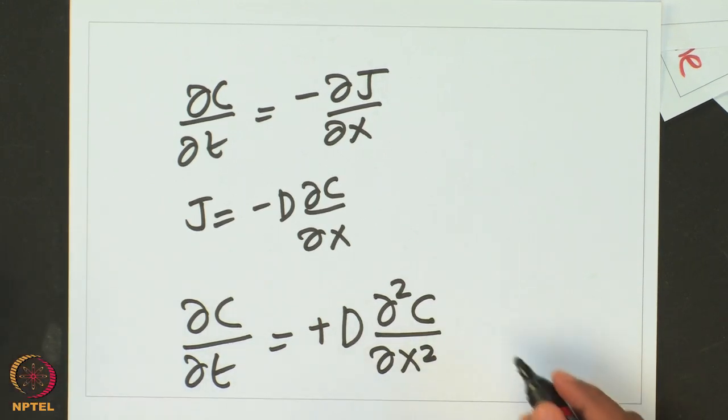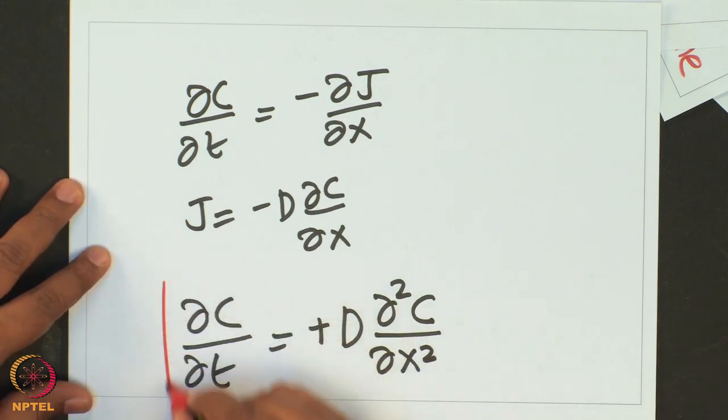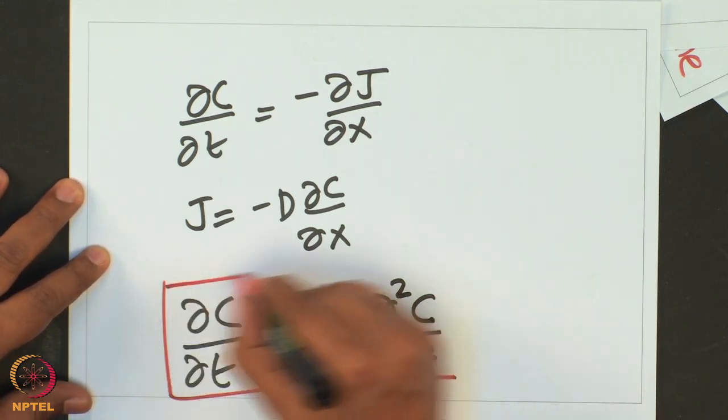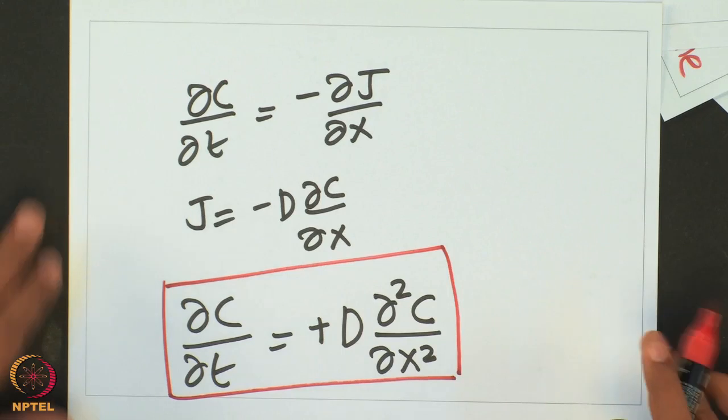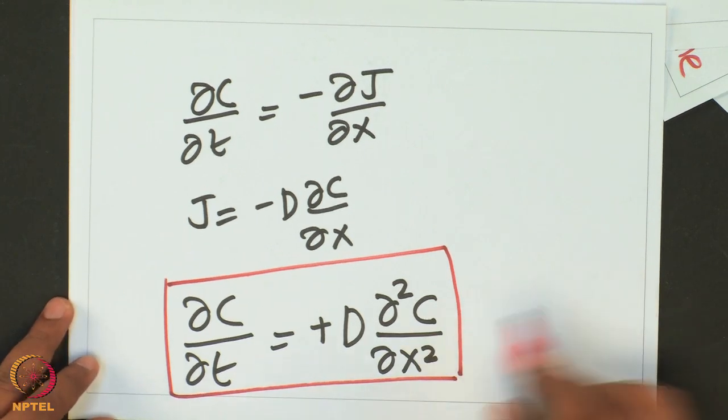So this is the equation we will get, and this is another form of the diffusion equation. ∂C/∂t is equal to D ∂²C/∂x². So this is the form of the diffusion equation.